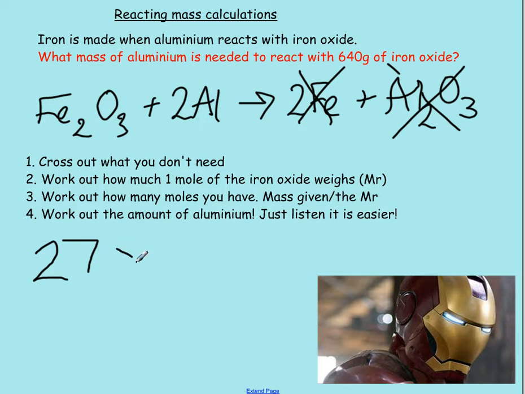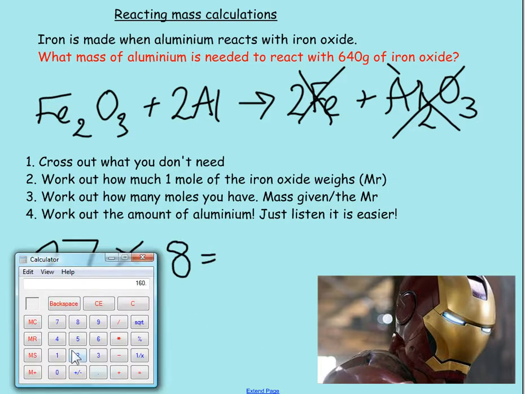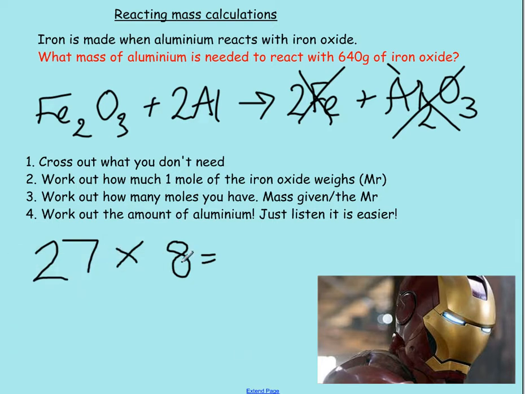So that's 8 moles times by 27. The answer is, 27 times 8 equals 216 grams.